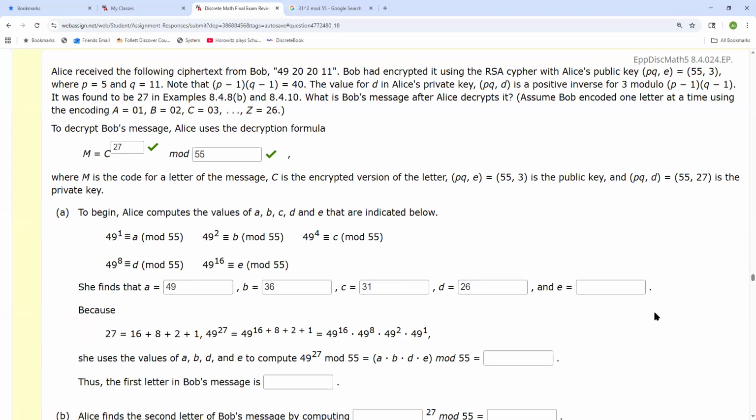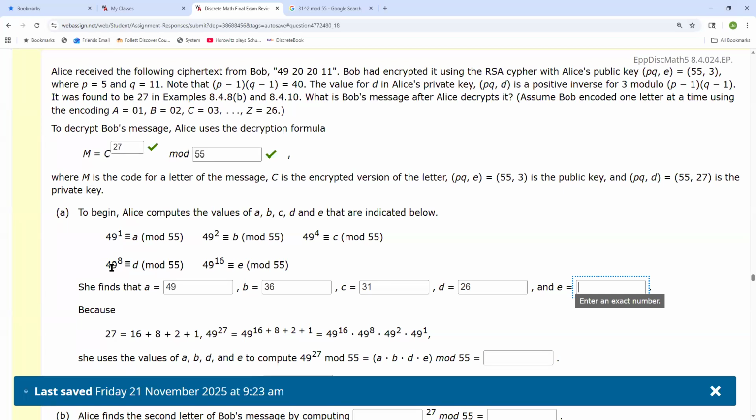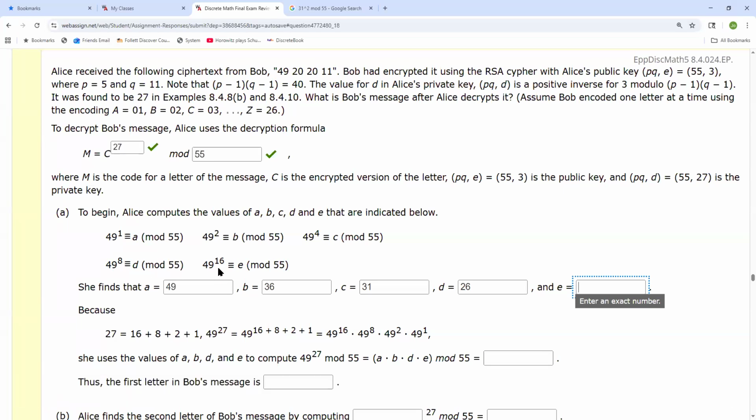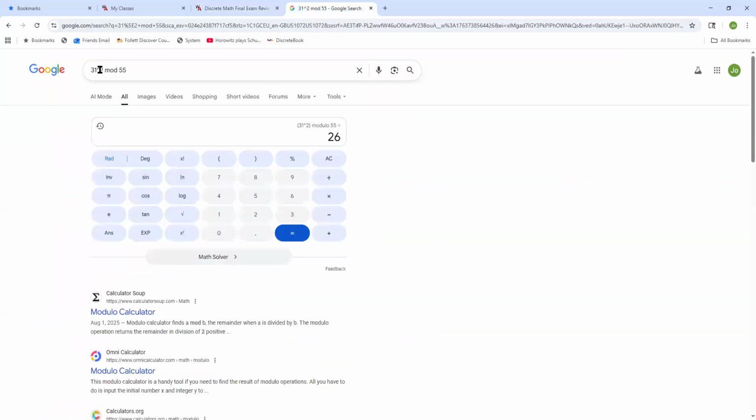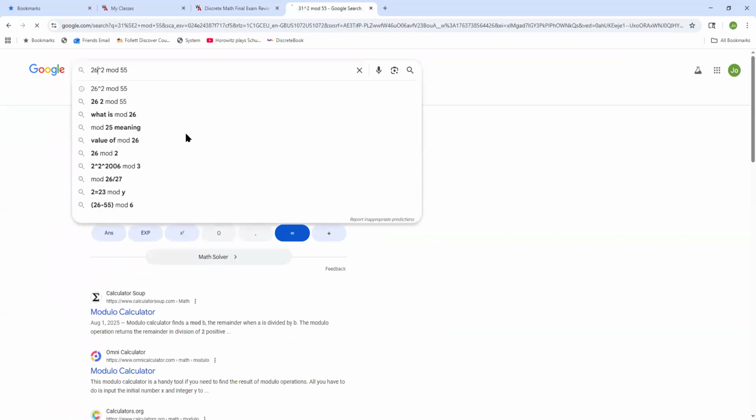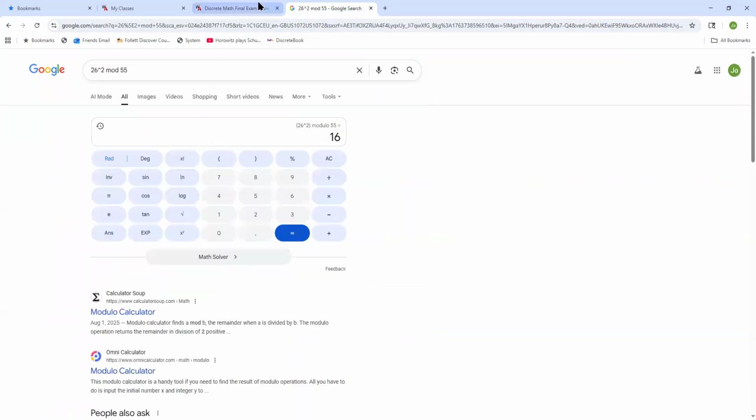And now you tell me, how do I find 49 to the 16th mod 55? 49 to the 16th is what compared to 49 to the 8th? Yes, the square of 49 to the 8th. So if I take the result of 49 to the 8th and square it, mod 55, that'll be the same as 49 to the 16th mod 55. So 26 squared mod 55 is what I need to do. And that's 16.